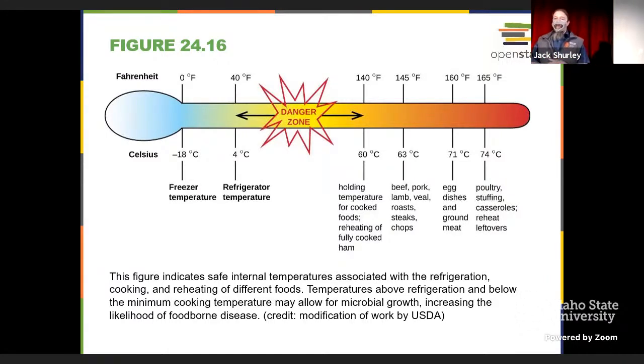And as I look at this, it makes me think of stuff possibly happening at home, or maybe a picnic situation where things should be kept on ice and they're not, or they should be held at nice warm temperatures and they're really not. They're just on a plate on the picnic table. That's a potential issue. And dependent upon how long that stuff has been allowed to stay within this zone is really what sets the stage for possible dangers, right? Something that's been in this area for a very short period of time, probably not that big of a deal.